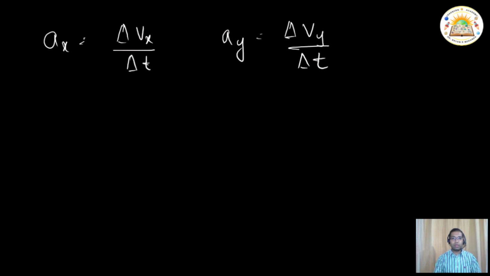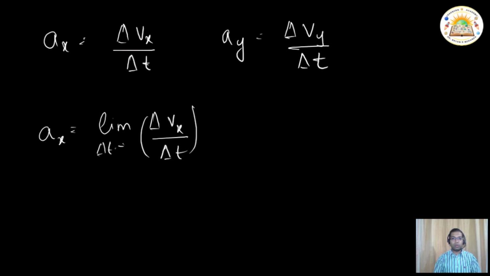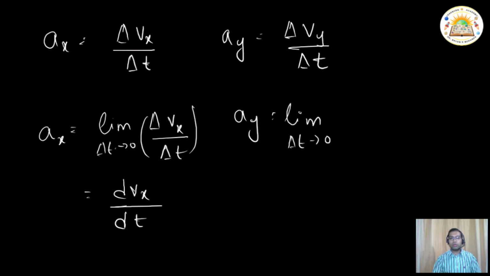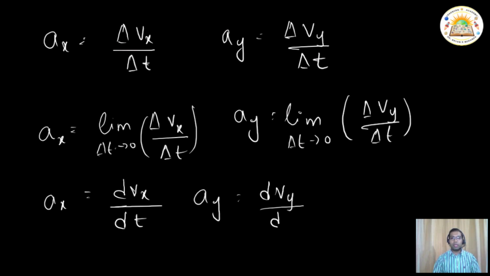So if I apply the limit for Ax, not the vector, just Ax, it is going to be the limit delta t tends to 0 of delta Vx by delta t, which I will get as dvx by dt. Similarly, for Ay, when I apply the limit delta t tends to 0, Ay will be dvy by dt.